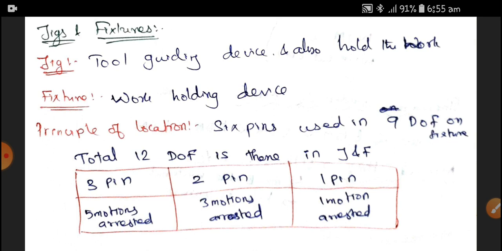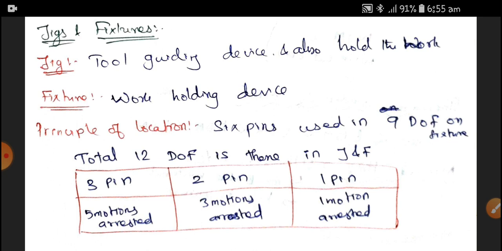Generally, a jig is a tool guiding device and it also holds the work, and a fixture is a work holding device. You have to understand these words very clearly. A jig is a tool guiding device and also holds the work, whereas a fixture is only a work holding device. It won't guide the tool.